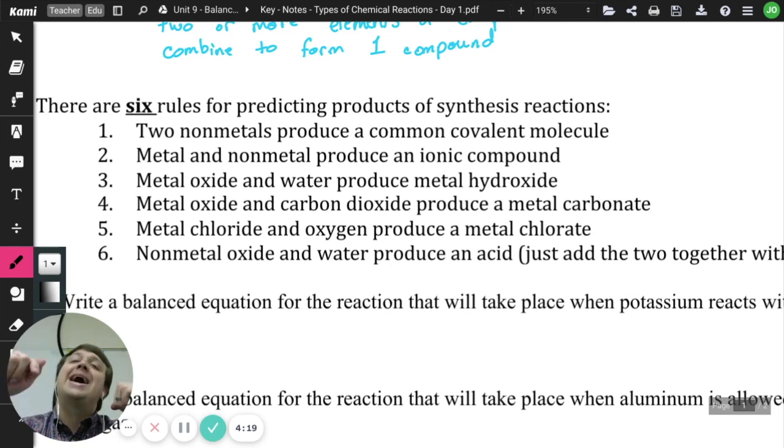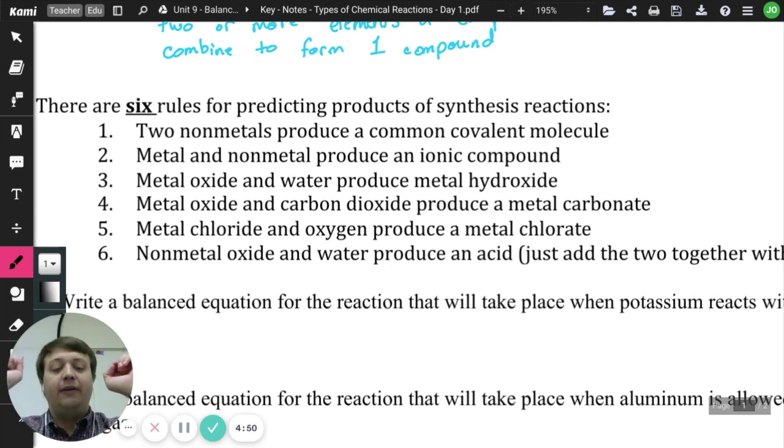If I take a metal oxide, like sodium and oxygen, so sodium oxide, and add it to water, then I'm going to produce a metal hydroxide.